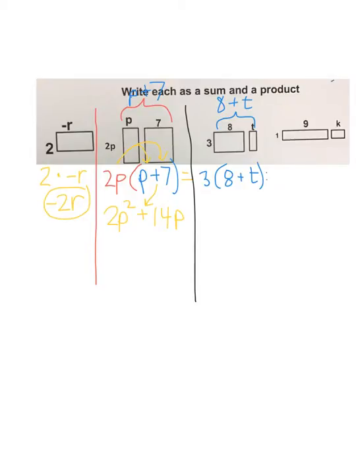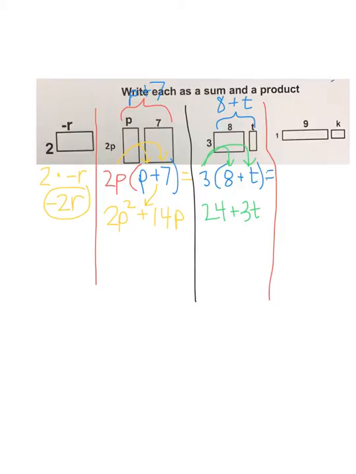Now there's our first part we need to distribute now. So 3 times 8 and then 3 times t. 3 times 8 is 24. And then bring our plus sign down, and 3 times t is just 3t. And we're done.